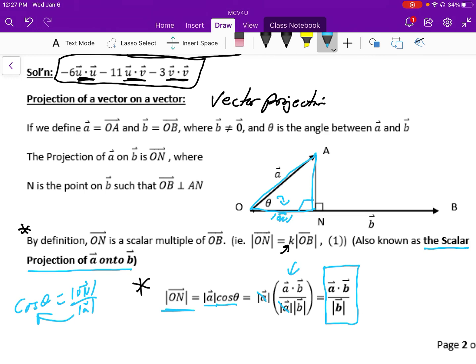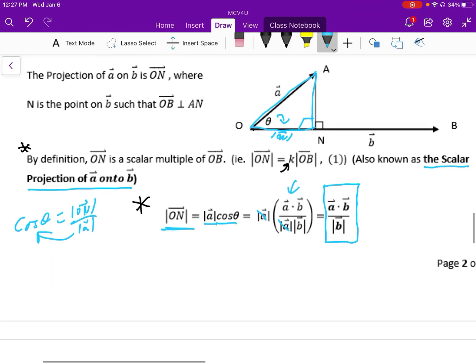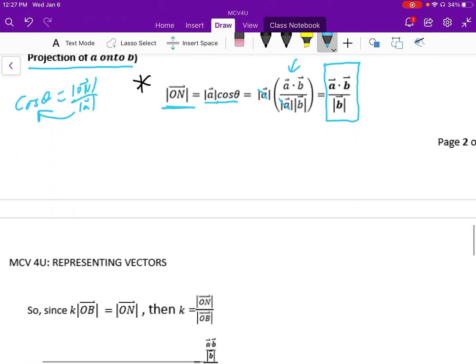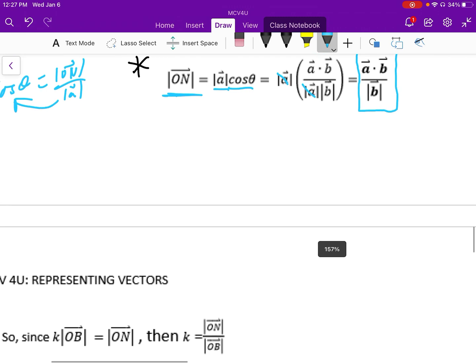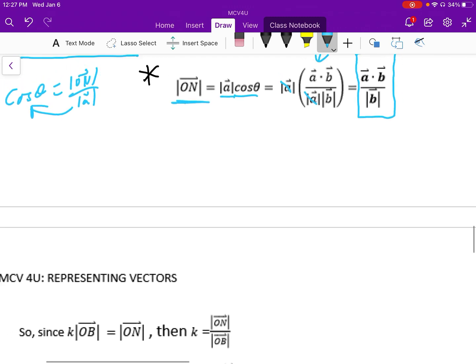We still have to continue on with what the vector projection is. So here's the idea. We know that the magnitude of ON is some scalar quantity of the magnitude of OB. When we rearrange this, we can figure out what the scalar quantity is.